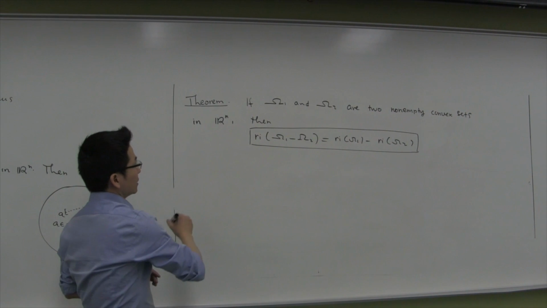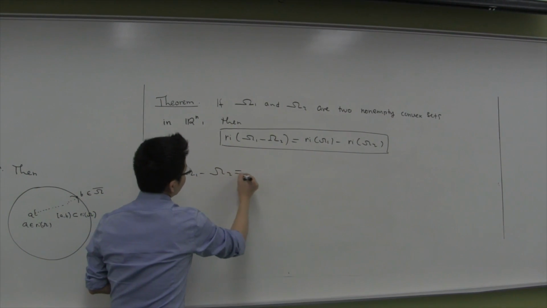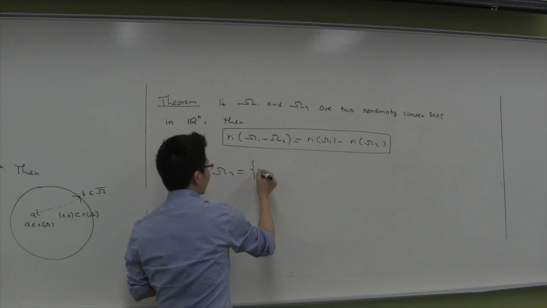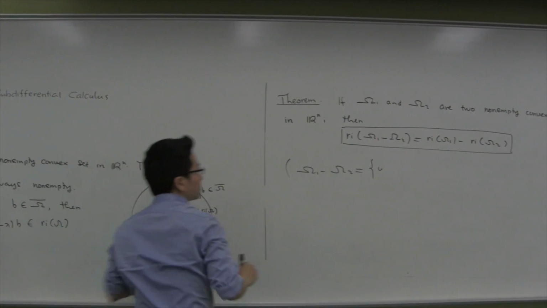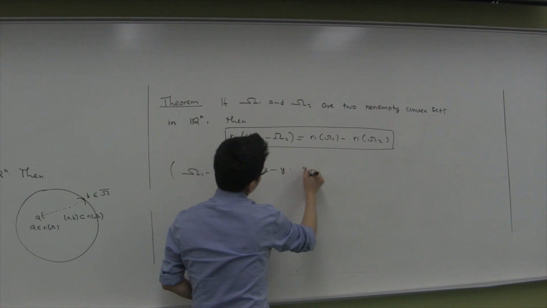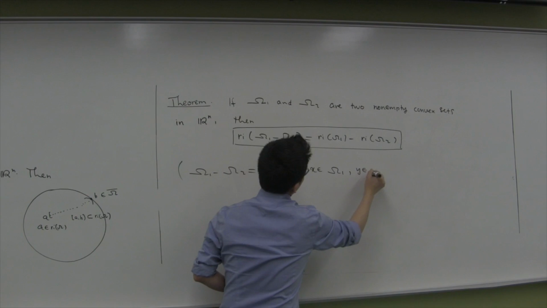Note that over here, the difference of omega 1 and omega 2 is defined to be the set of all elements of the form x minus y, where x is in omega 1 and y is in omega 2.